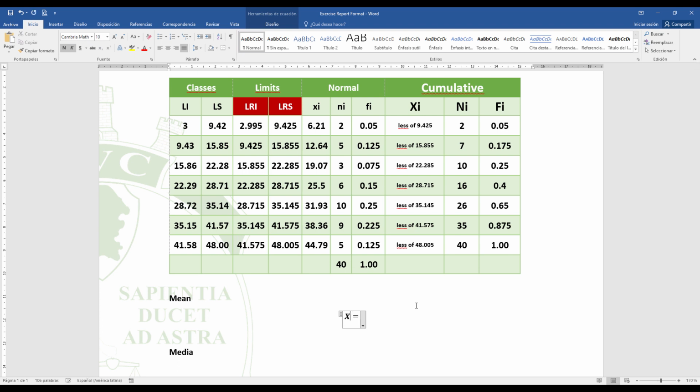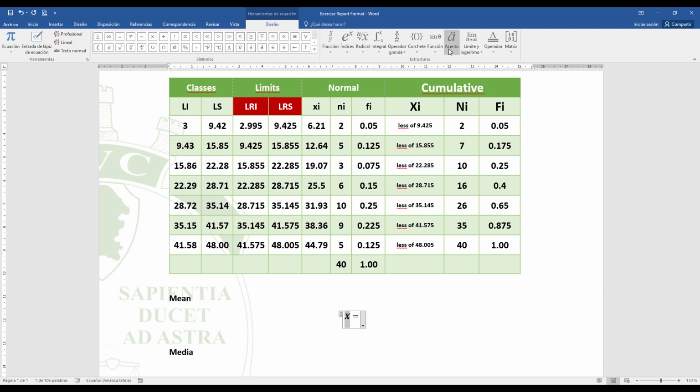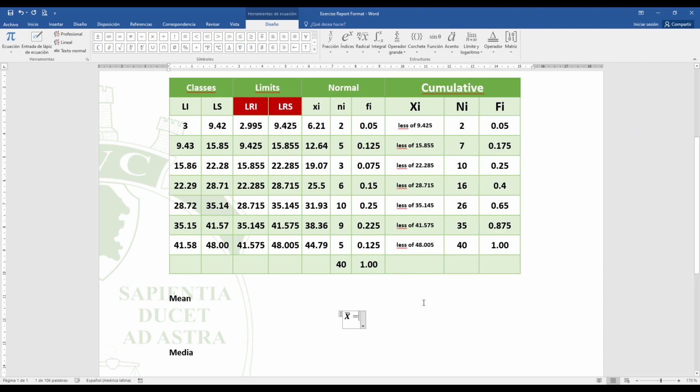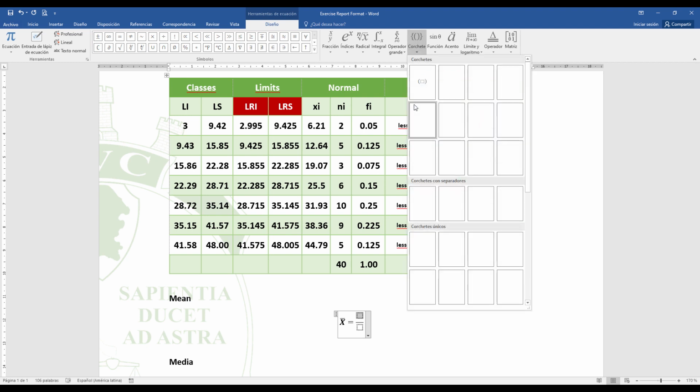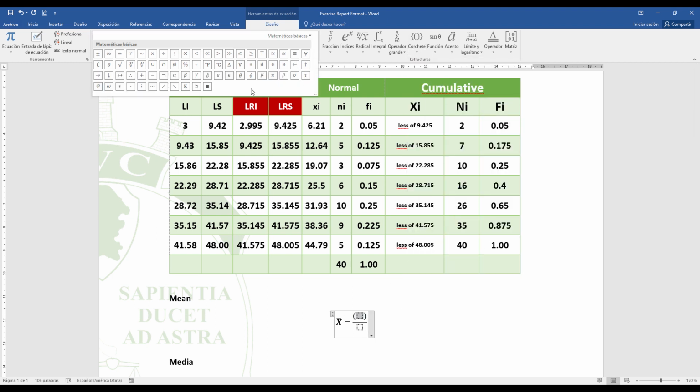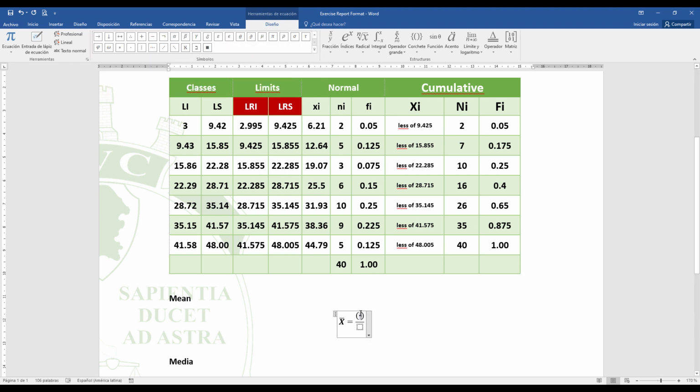We'll use that symbol, equals, a division. Here you need to use parentheses and a dot for the multiplication.